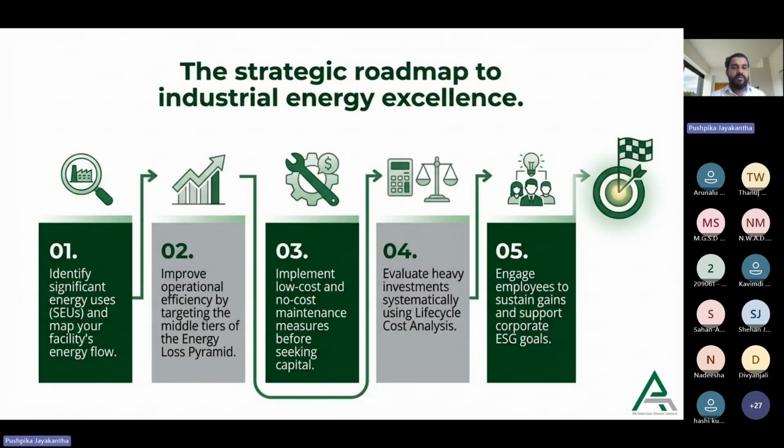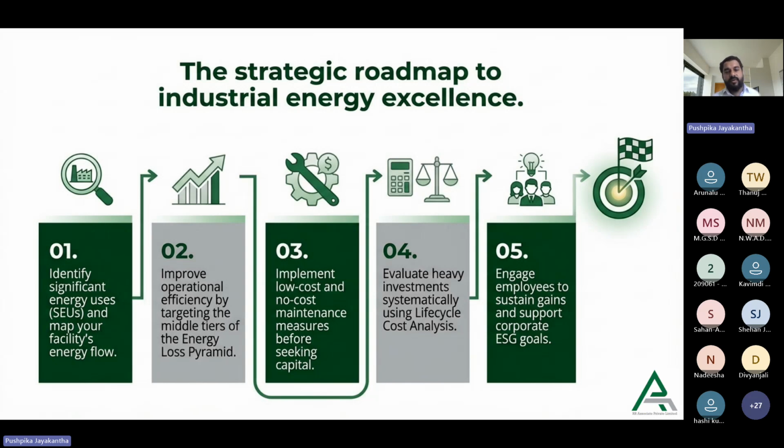Okay, so to summarize today's session, we explored several strategies that organizations can use to improve energy performance and reduce operational costs. We started by identifying significant energy users and understanding how energy consumption occurs within industrial systems. Then we discussed operational improvements and low-cost energy saving opportunities that can be implemented immediately.